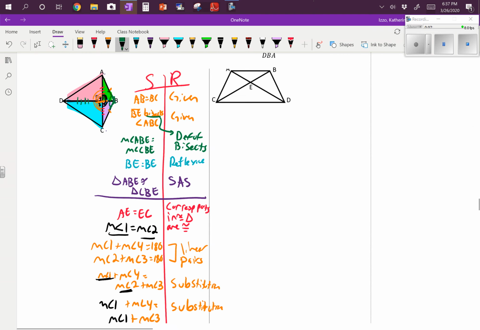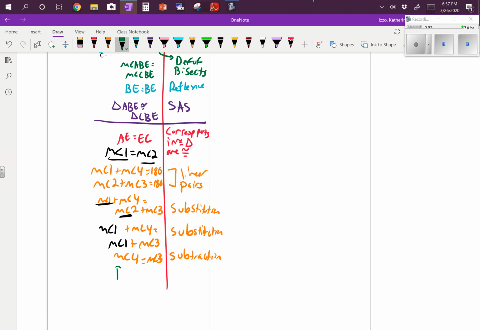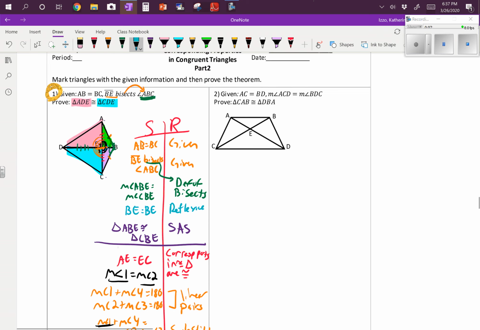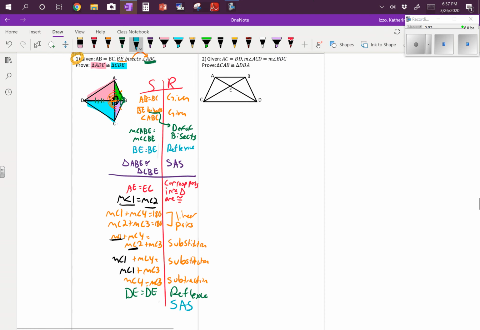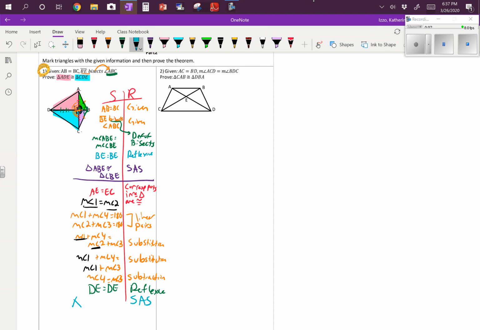So DE equals DE. And that is reflexive. And that is how we get our next one by side angle side again. So side angle side. We can now get our 2 pink and blue triangles. So triangle ADE is congruent to triangle CDE.